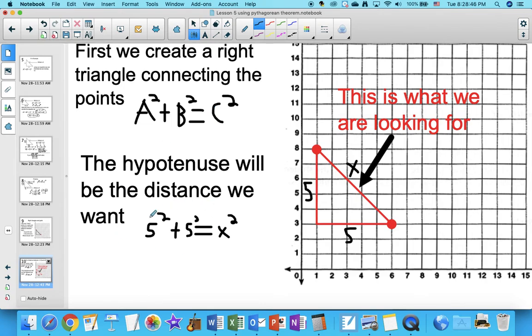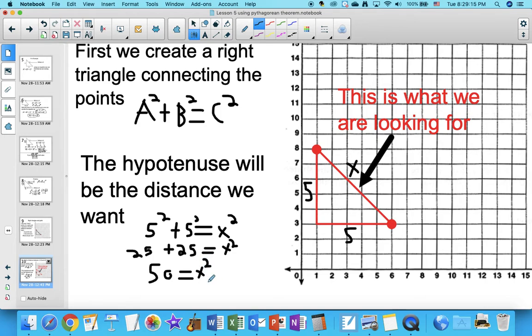Now we simplify. 5 squared is 25, plus 5 squared, again, 25, equals x squared. Well, 25 plus 25 is 50, equals x squared.